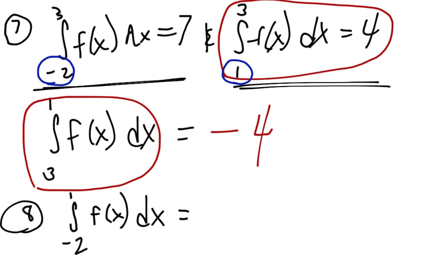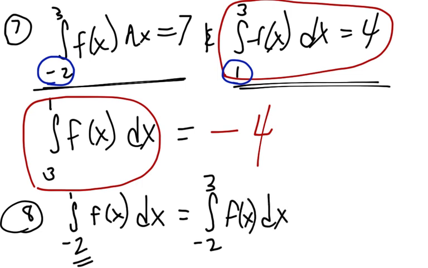So the way the additive interval property works is I want my lower limit right here to be the lower limit on my first integral, so I'm going to use that -2 to 3 since they gave that to me. And then I want this number up here to match this number down here and finish off with my upper number right here.